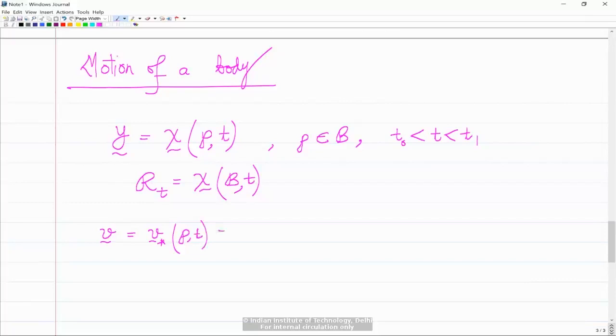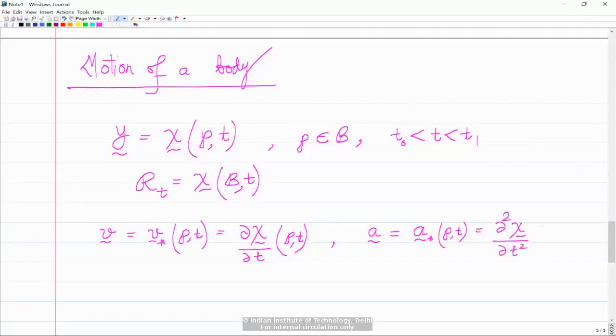And I hope it is clear to you that it is the same as the partial derivative of this configuration x with respect to time. Right? And likewise you can think of acceleration a, which is this function a star of particle and time, and it is the same as the second derivative of this configuration map with respect to time.